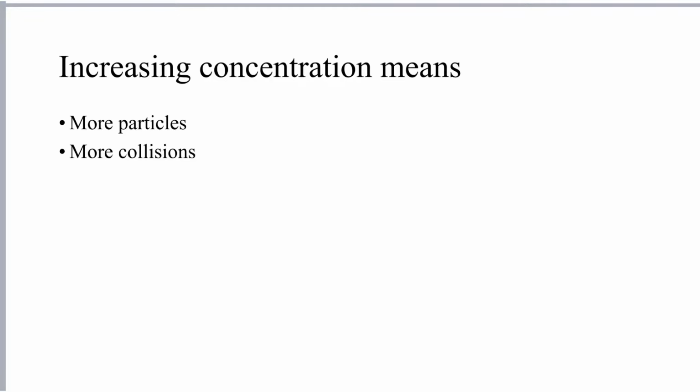If you're answering a question about this in your exam, you need to say the following: you've got more particles per unit volume, and therefore more collisions per unit time. In the example we've just had, we doubled the number of particles per unit volume. So you could say the rate of reaction doubles because there are double the number of particles per unit volume, and therefore double the number of collisions per unit time.